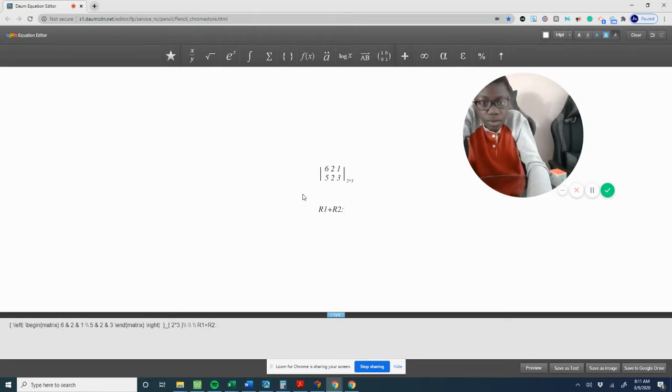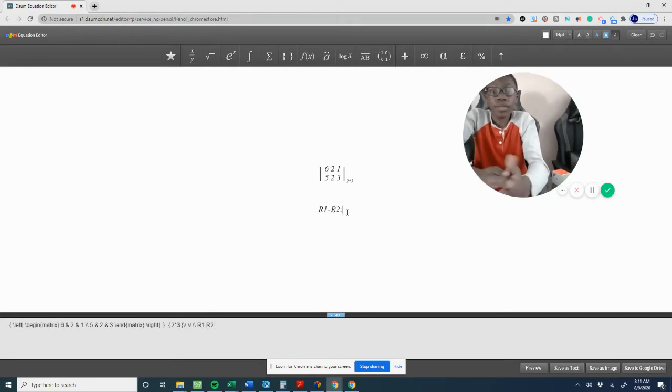We have R1, R2, row 1, row 2, and we can add them or we can subtract them. In this case, we want to isolate the variable. These both have 2, so that gives us a chance to eliminate the y coefficients and completely eliminate y. So what we're going to do is subtract R1 minus R2, and that gets us our new matrix.